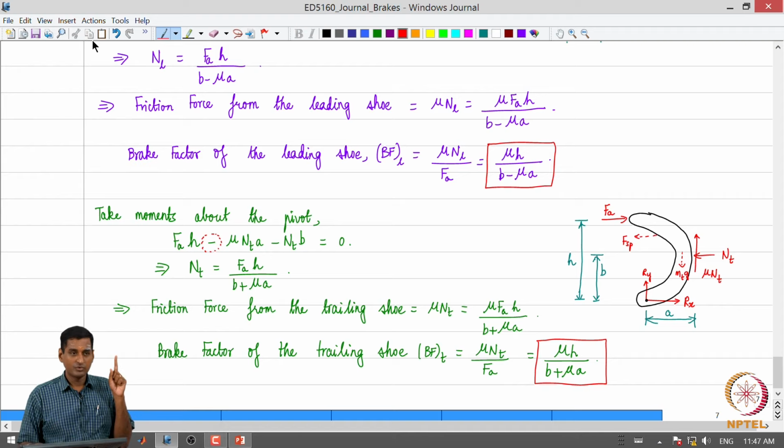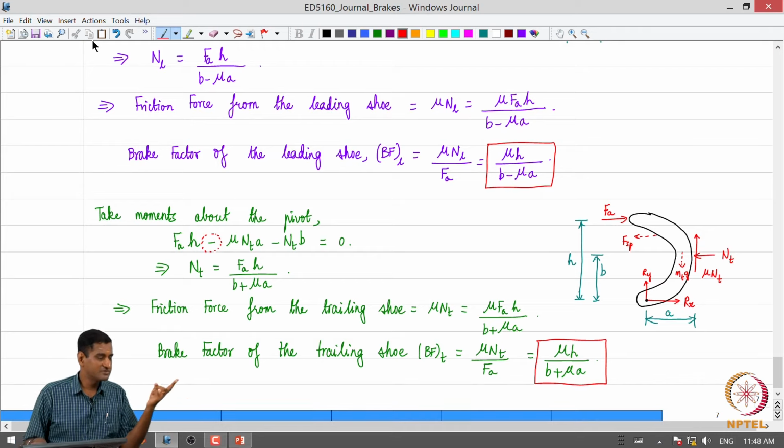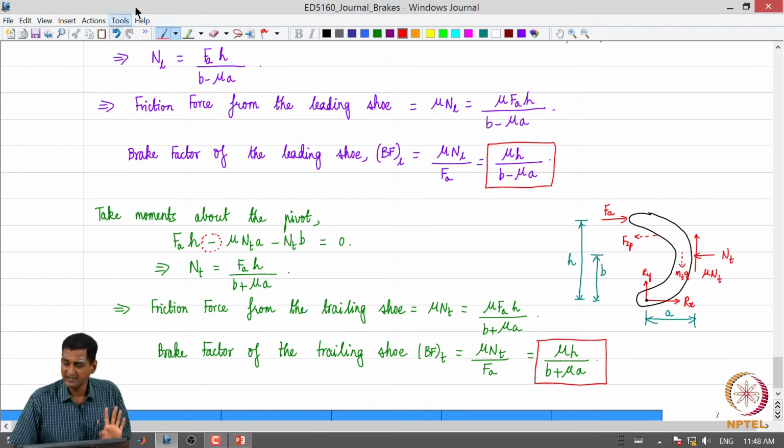So, two points: the concept of self-energization happens in the leading shoe, not in the trailing shoe. Consequently, the brake force output for the same input force would be more in the leading shoe than the trailing shoe. Those are two important conclusions that we can draw.